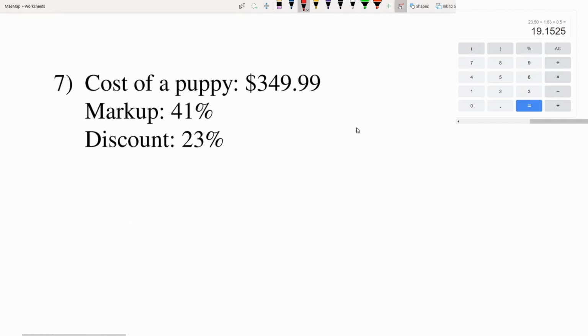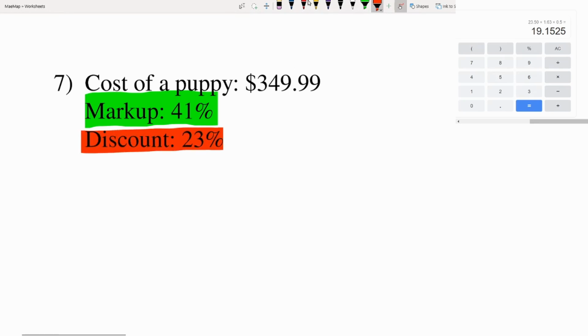And number 7, the cost of a puppy is $349.99 with a markup of 41% and a discount of 23%. So marking that cost of the puppy up, we'll multiply it by 1.41, and then that price that we get after we multiply that will then be discounted.